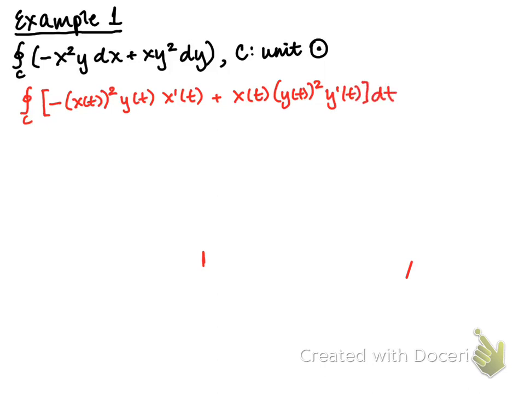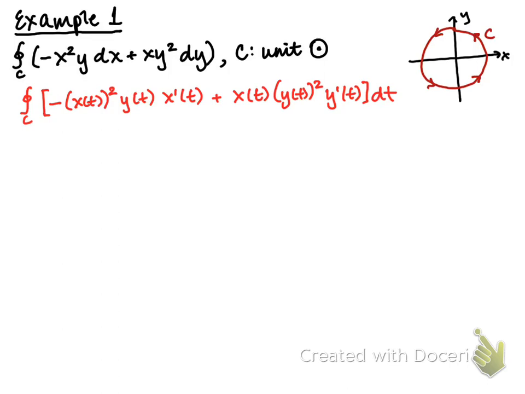So to do that, we need a parameterization for our unit circle. We'll just use the obvious parameterization here. Here is the unit circle, and this is our C, with positive orientation.